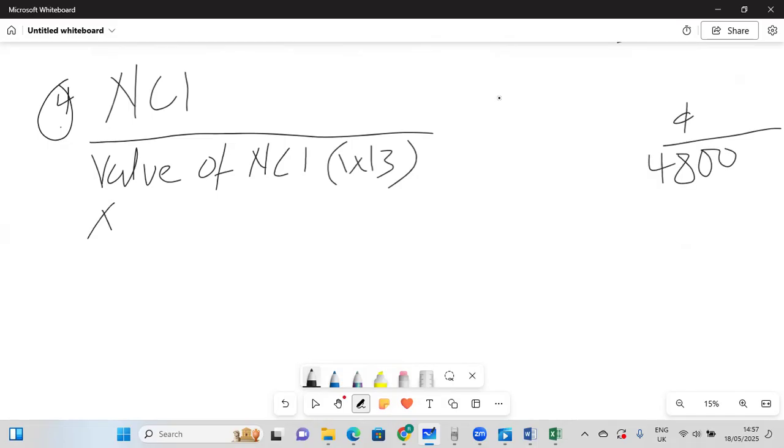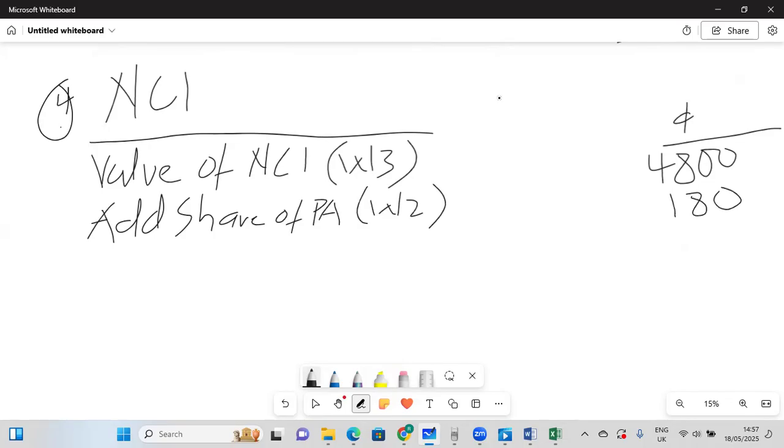And then their share of PAP, which is at workings 2, we had 180 for them.